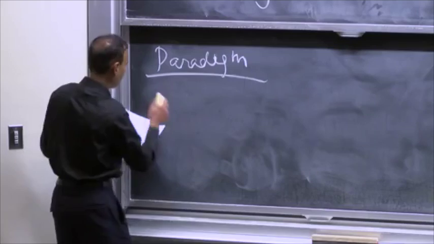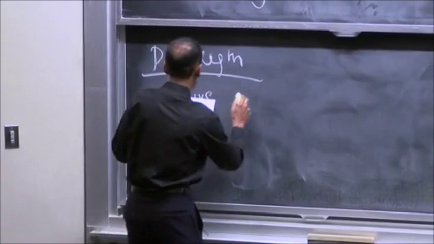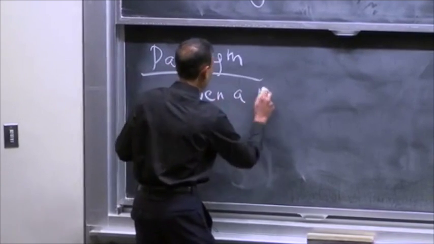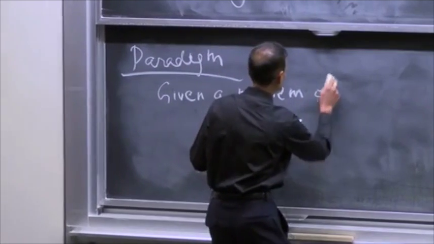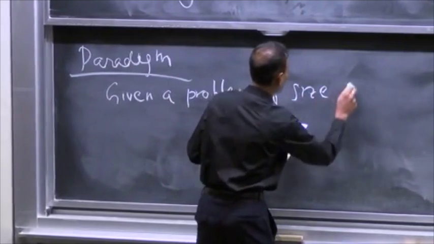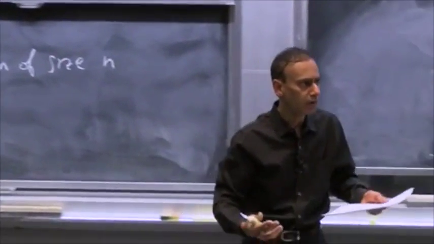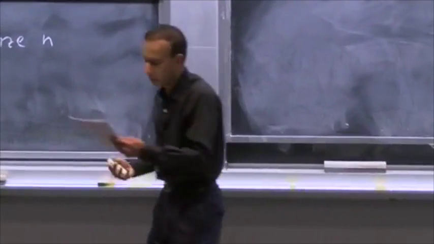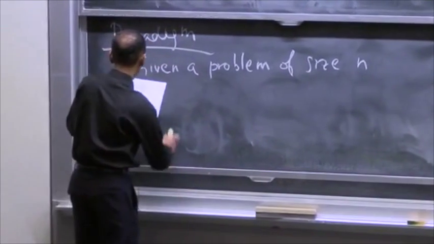It's just a beautiful notion that you can break up a problem into smaller parts and somehow compose the solutions to the smaller parts. And of course, the details are going to be what's important when we take a particular problem instance. But let's say we're given a problem of size n.